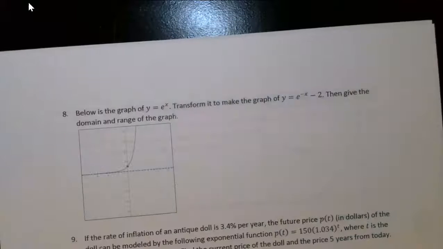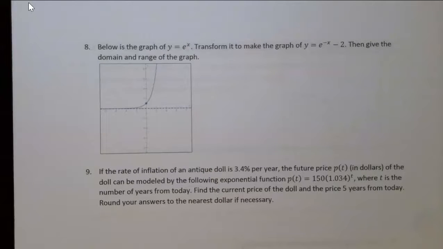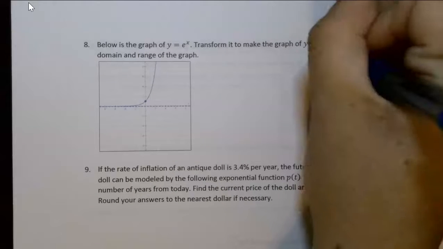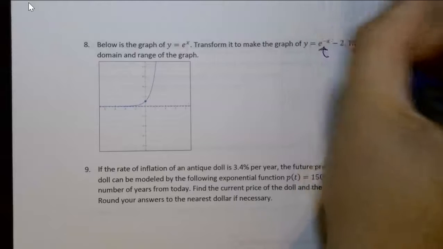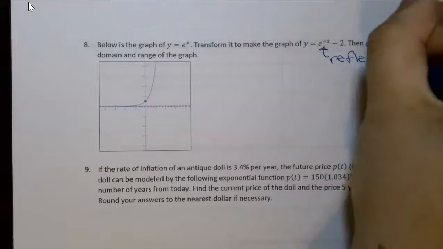Alright, moving on. This one gives me the graph y equals e to the x. It wants me to transform it to make the new graph and then give the domain and range of the new one. So I'm going to point out what changes are going. It reflects across the y-axis and goes down 2.